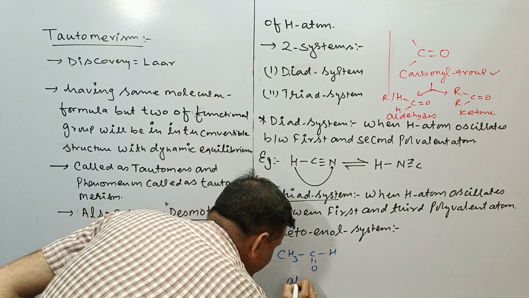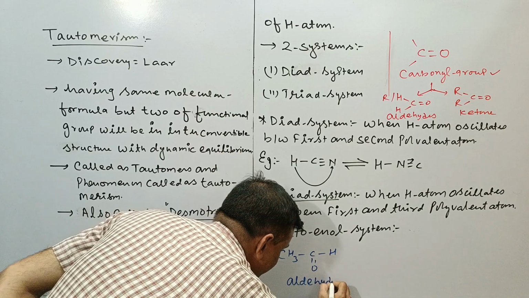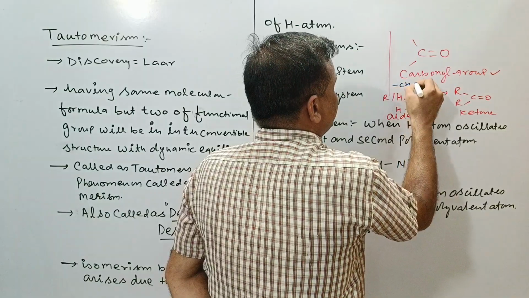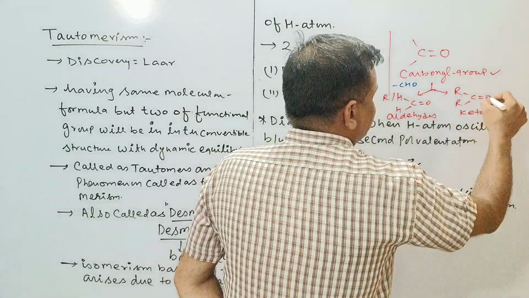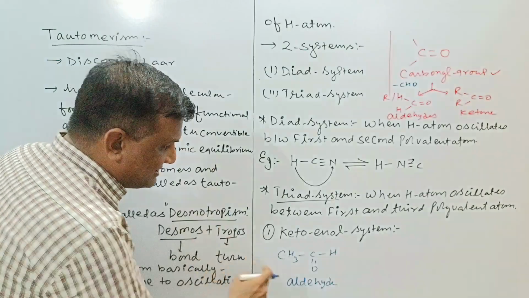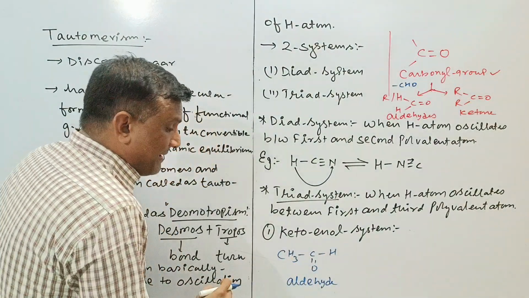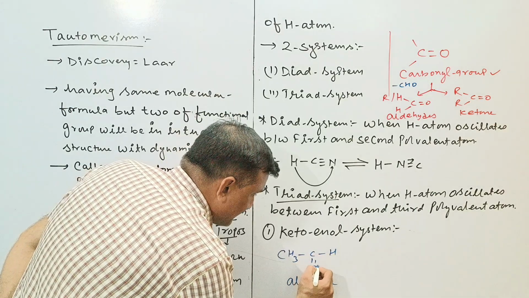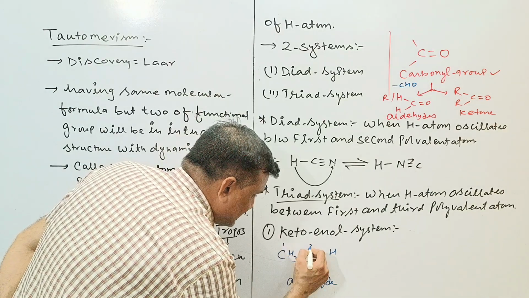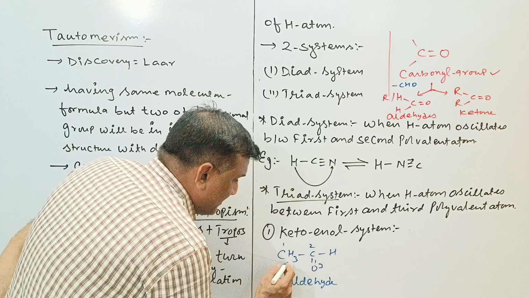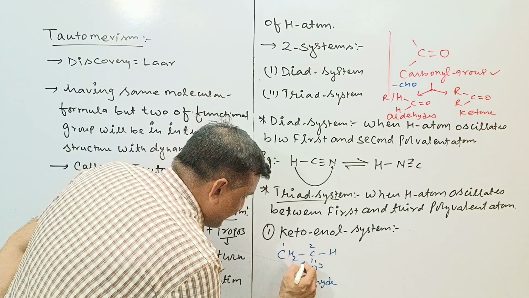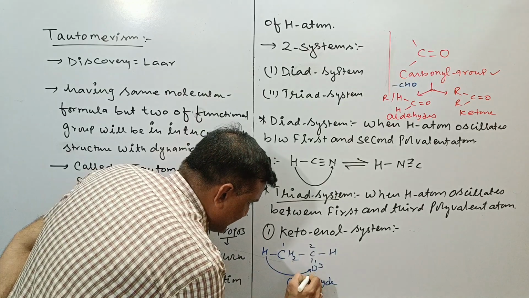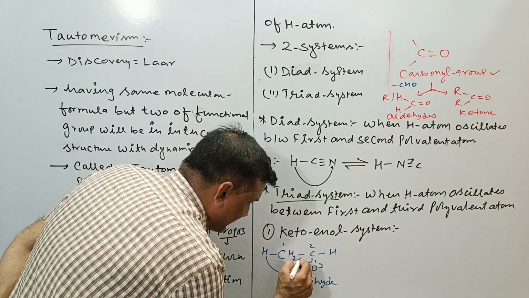As we all know, this is an aldehyde, because here is the presence of the functional group CHO, and here there will be the presence of RCOR. Migration, how? This is the first atom, this is the second, and this is the third atom. The hydrogen from over here will migrate like this, then the shifting of the pi bond will be over here.